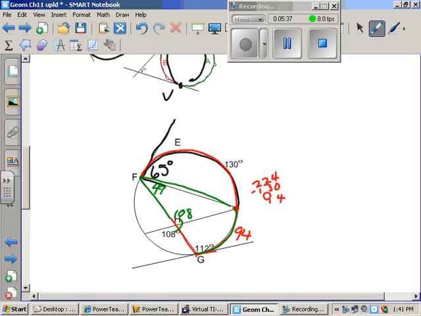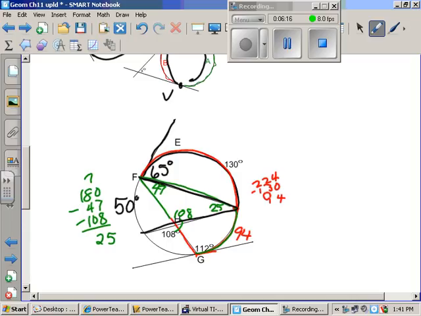This angle would be 180 minus 47 minus 108, which is 25 degrees. So this angle here would be 25 degrees, which would make this intercepted arc here 50.